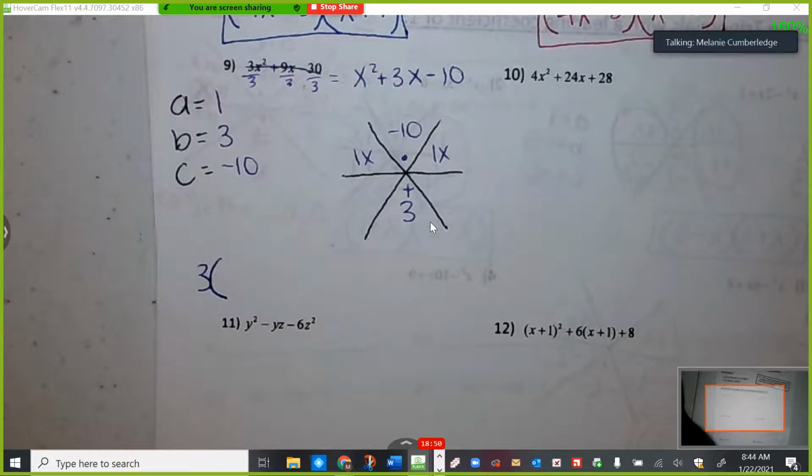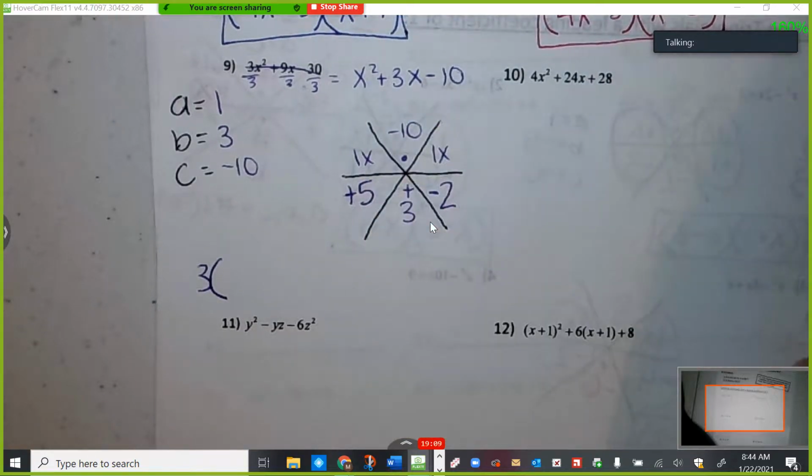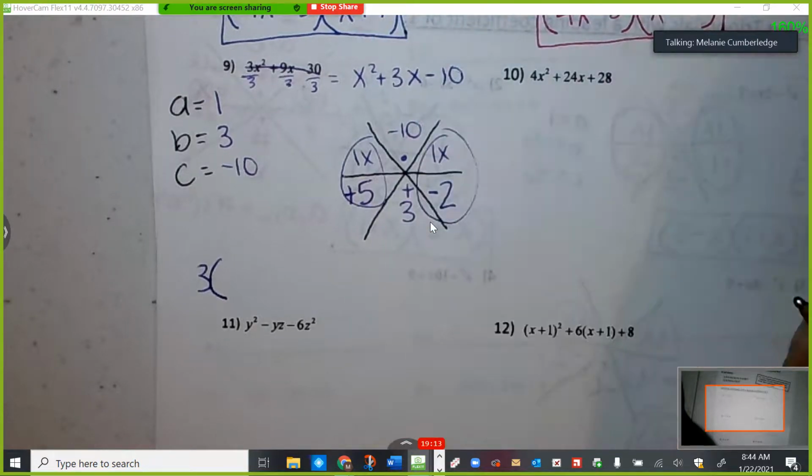When y'all tell me those numbers, I'll take it that you're ready for me to keep going. Positive 5 and negative 2. Yes. Now, since these are 1, those are my factors.